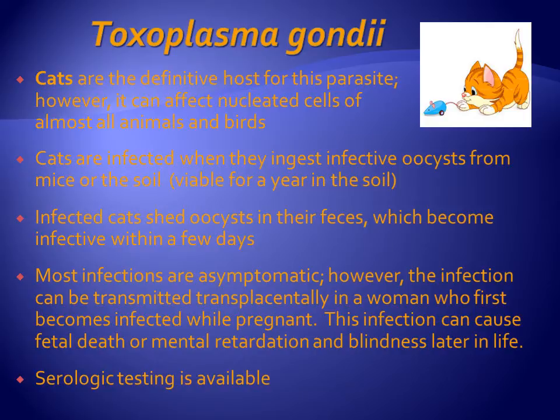Got to have the cat. The cat uses the litter box. The cat acquires the infection during the pregnancy. The woman handles the cat litter. Okay. Maybe personal hygiene was lacking or slipped a little bit, and she got the organism into her mouth and picked up the infection. That's a bad scenario, but a lot of things have to come together for that.